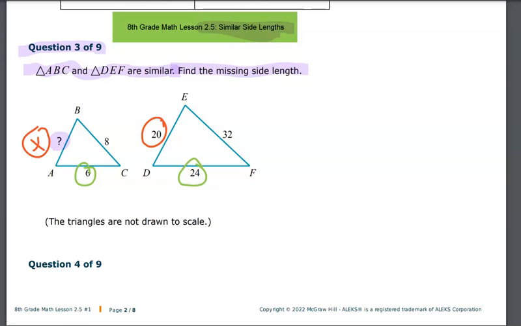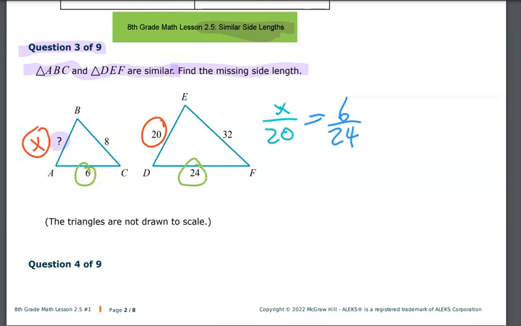And what I do is I'm going to create a proportion. This proportion is something that we did last year, but I'll show you what it's going to look like. I take my x and my 20, and I create x over 20 is equal to 6 over 24.